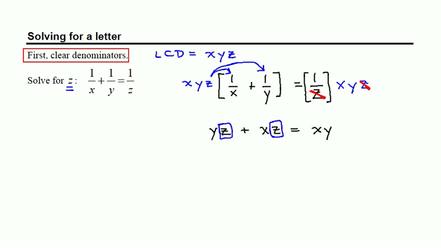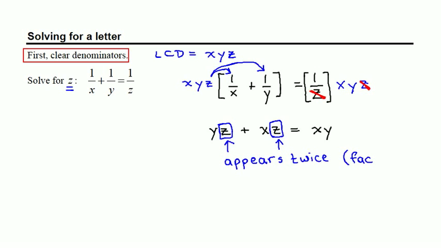In this case, the variable z appears twice. Anytime the variable that we are trying to solve for appears twice, there's a standard trick for getting it to appear only once. We can't really get it alone on one side of the equation until it appears only once. And that trick is to factor it out.